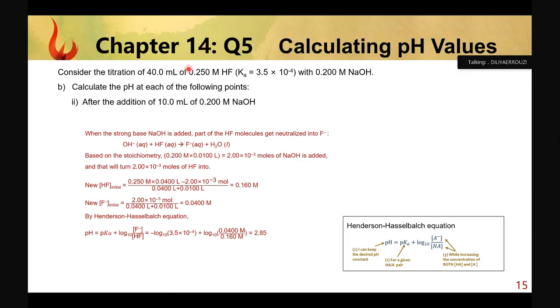How much acid in the original solution is this multiplied by this, then we can subtract this because it's neutralized by the base. Then we divide it by the total volume, which is 40 ml plus 10 ml.